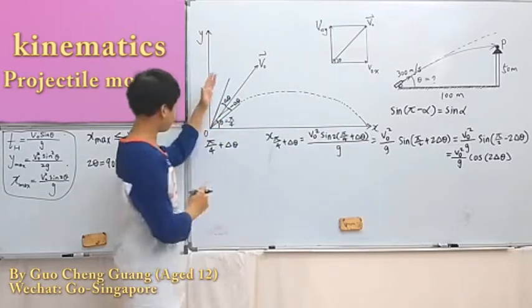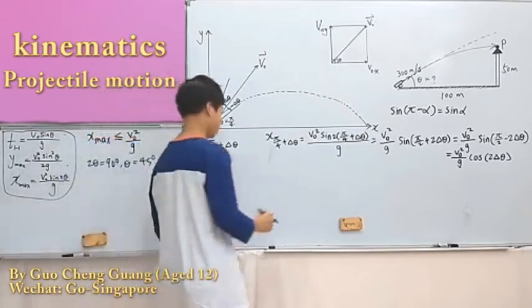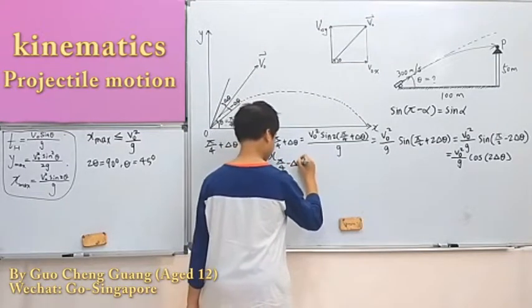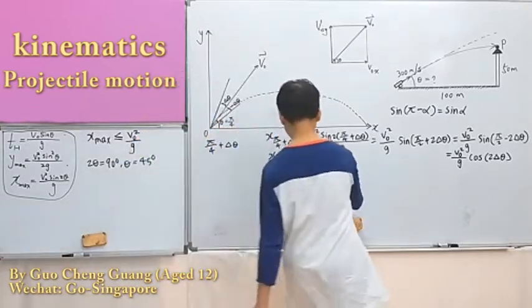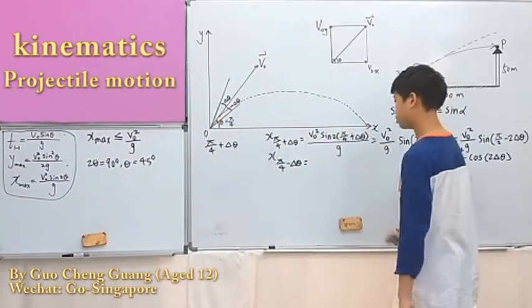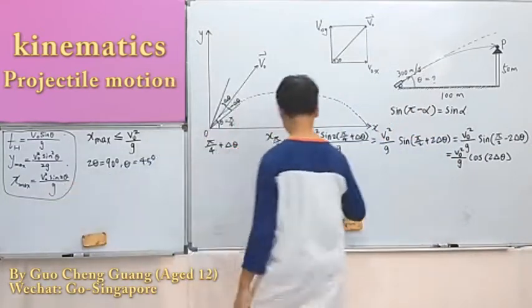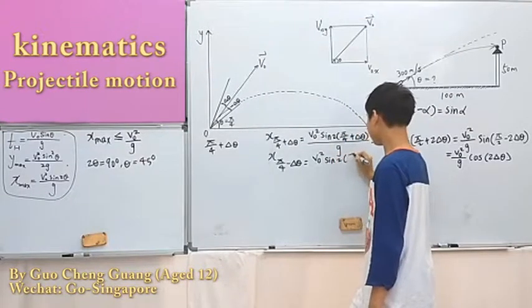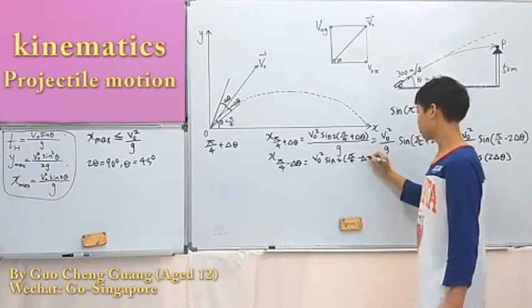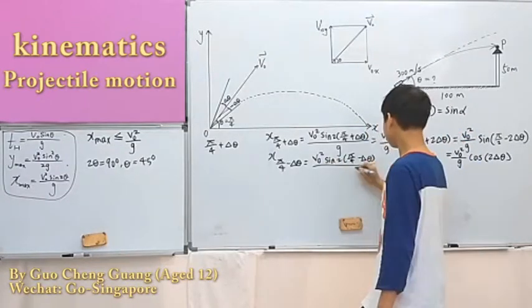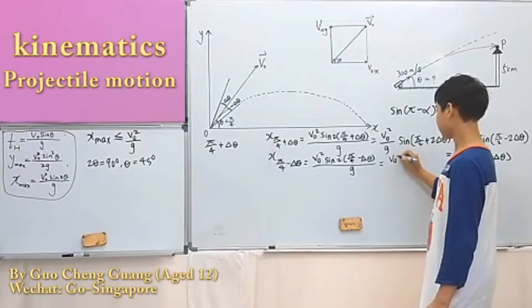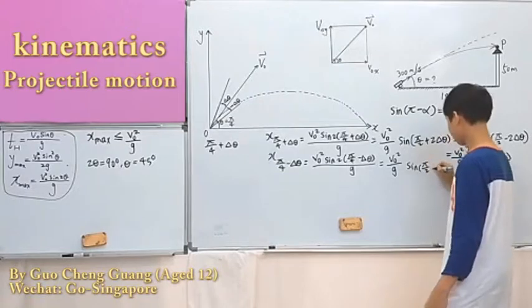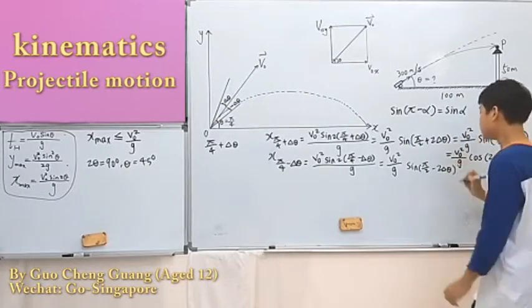Then let's check what if it gets lower by a delta theta angle. So x at pi over 4 subtract delta theta, we still use this part.